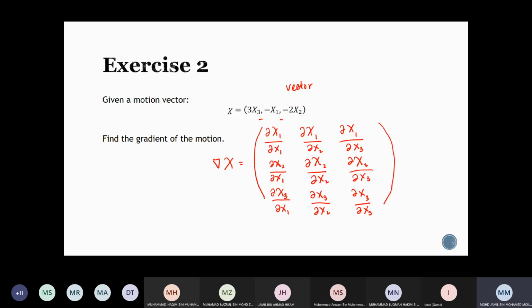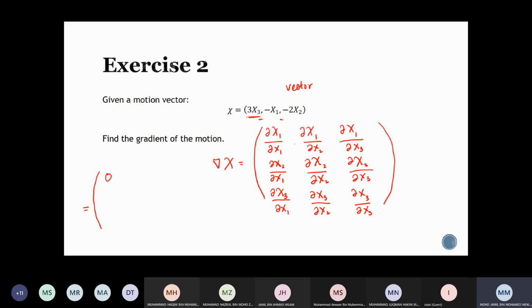Okay, so let's do this. First one, del chi1 over del x1. In 3x3, there is no x1, so you can treat x3 as a constant. Differentiate a constant, you get 0.